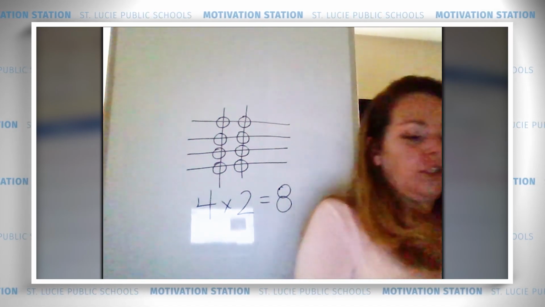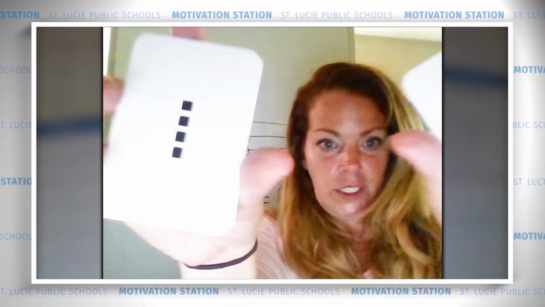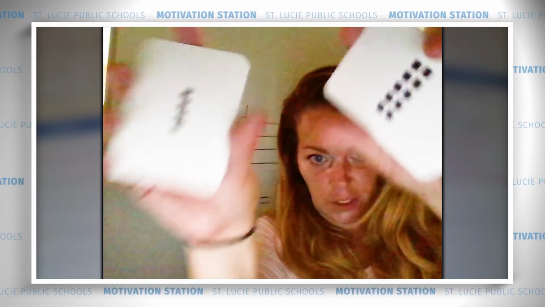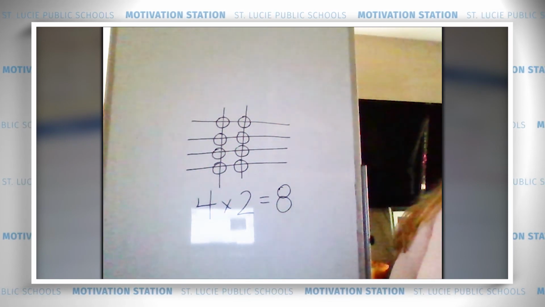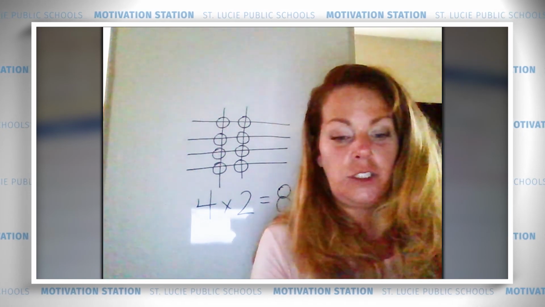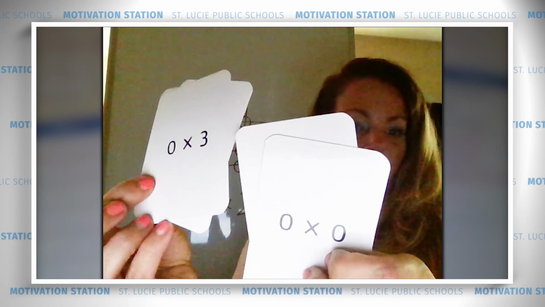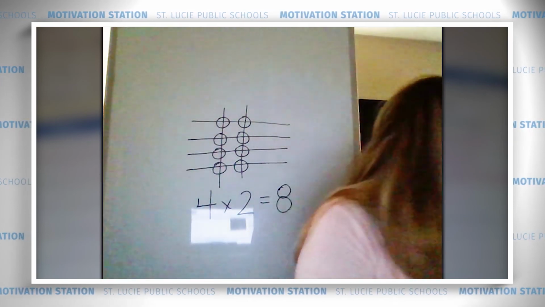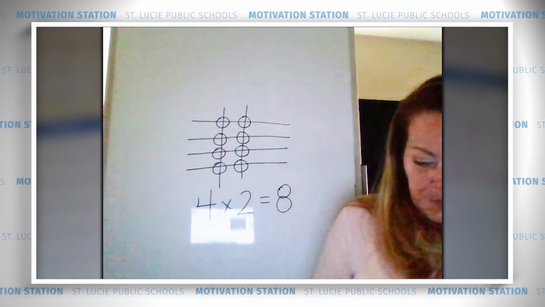We played tile capture, where you flipped over these cards, the arrays. And then where we just had the straight up multiplication equations that we flipped over. Right? Okay, and the higher product wins the cards.